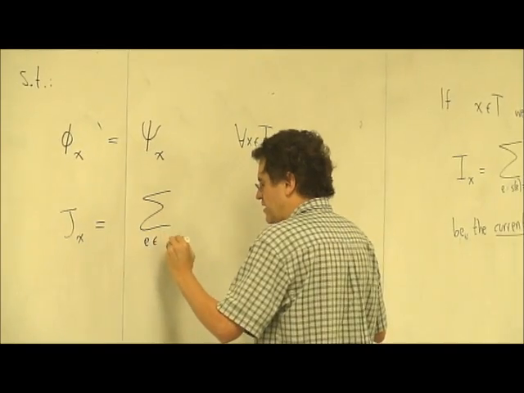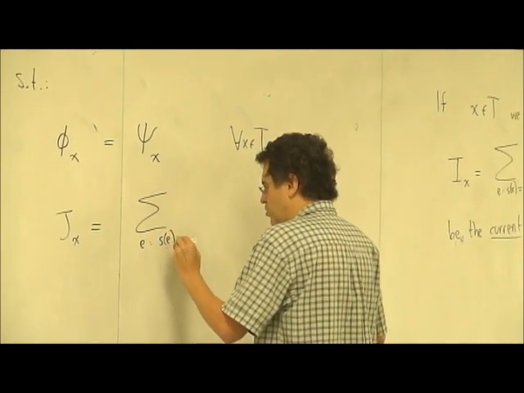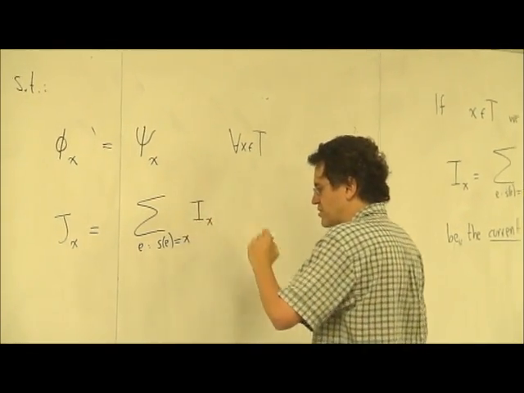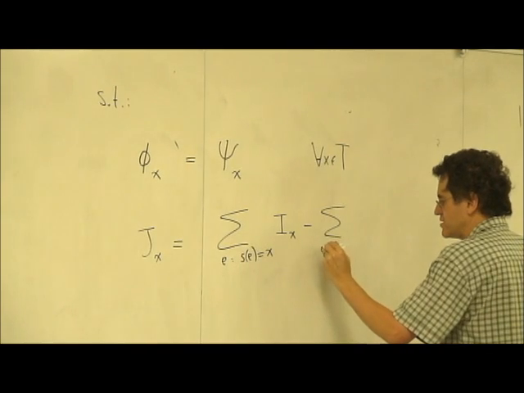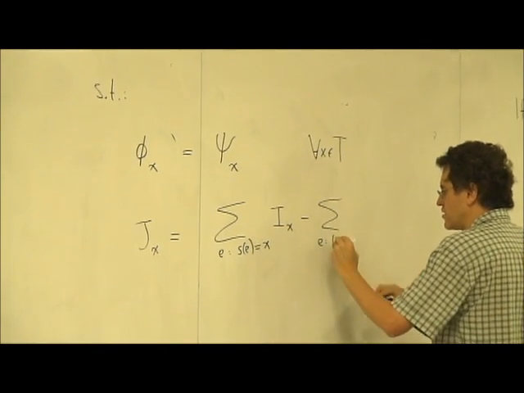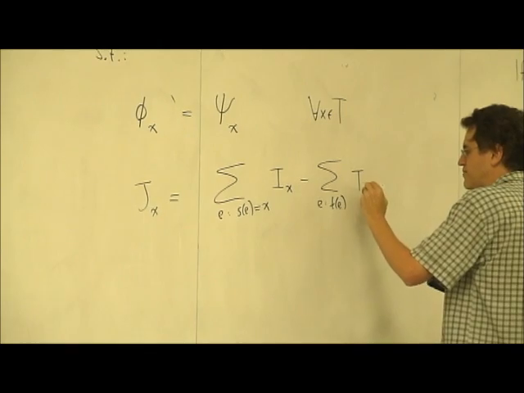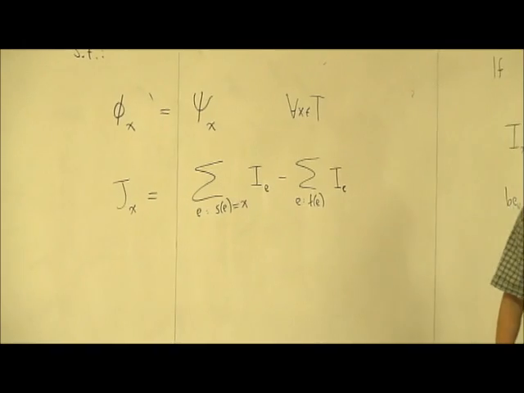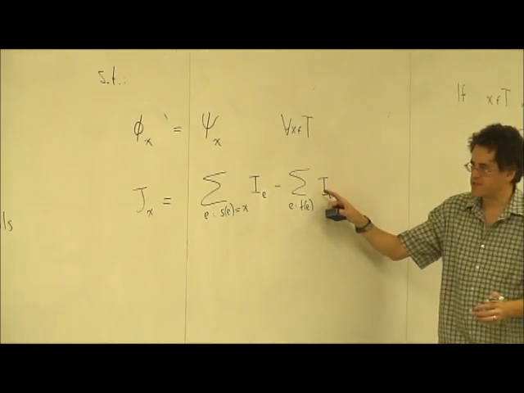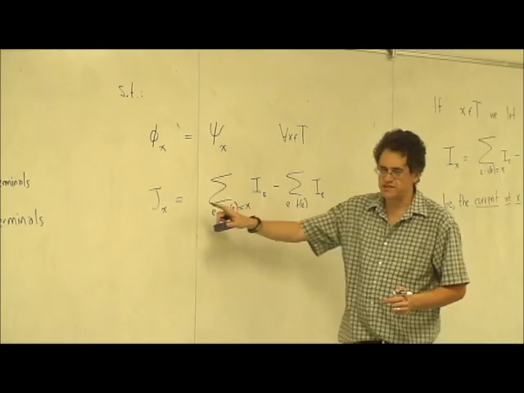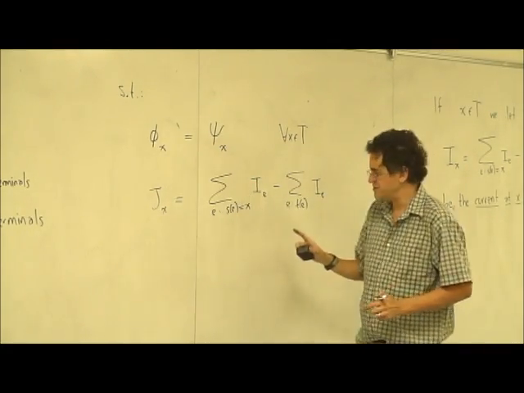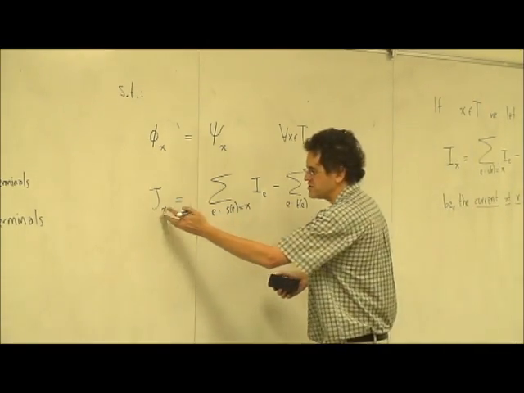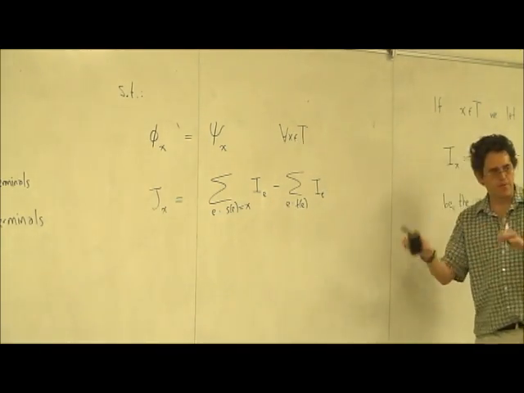So we sum over edges that go into that terminal, sum the currents, then subtract the currents going out away from that terminal. Right, so we don't quite say that we restrict I to the terminals and get J. So this is a little more complicated than this. But this is the way in which the currents along the wires can determine the currents at the terminal. Okay, that's like the bare minimum.